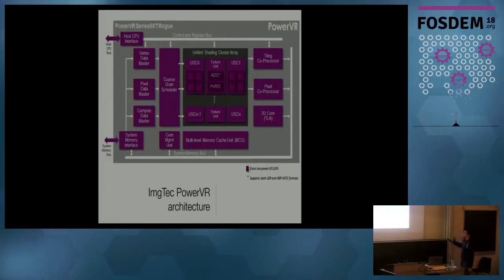In front of this unified shader array, you have a scheduler. As a driver, you can send jobs to this GPU, and the scheduler will take care of assigning these jobs to the available shader units. Then finally they will create the result for you.